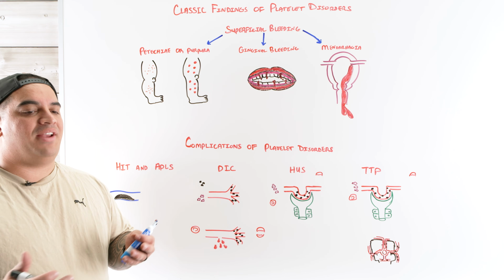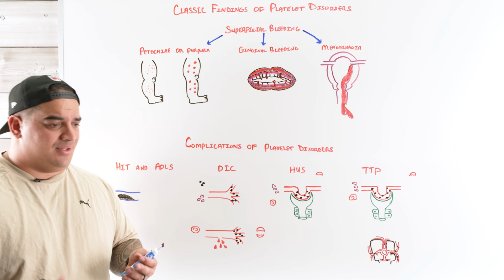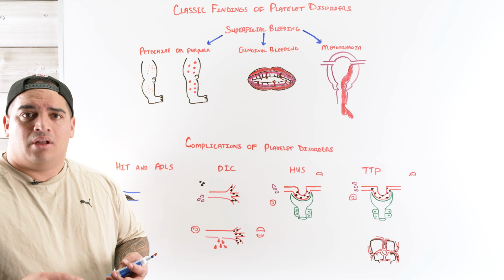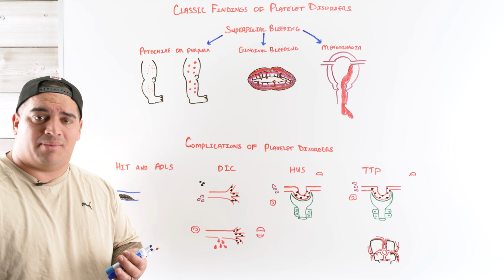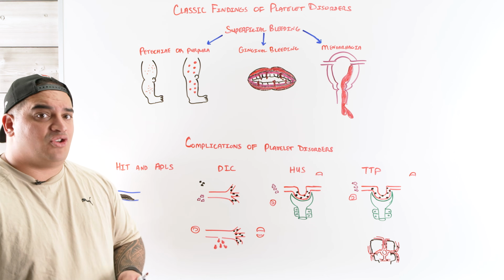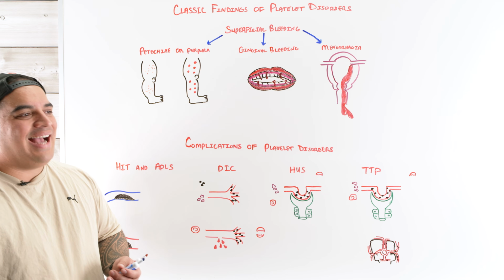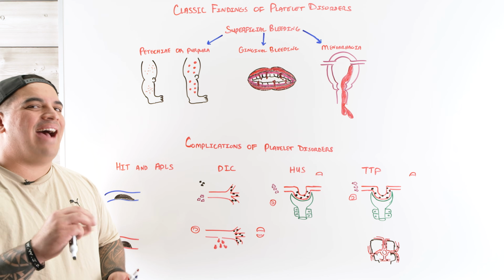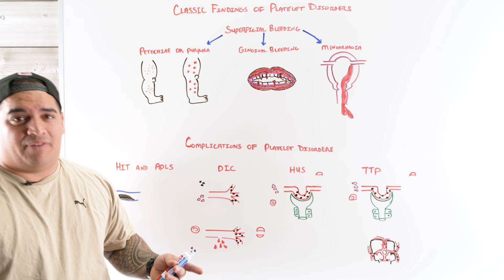So oftentimes if patients have platelet dysfunction, this occurs depending upon the type of condition. So in patients who have von Willebrand disease, Bernard-Soulier syndrome, uremic platelet dysfunction, Glanzmann thrombasthenia, oftentimes they'll present with superficial bleeding. And in patients who have thrombocytopenia, the platelets often have to be less than 50,000 for you to get superficial bleeding.